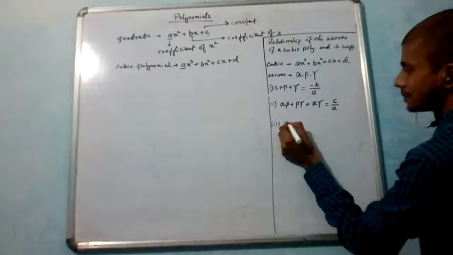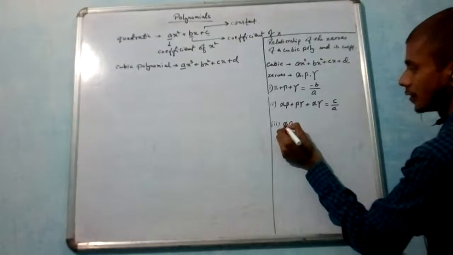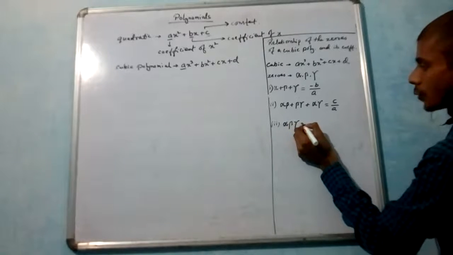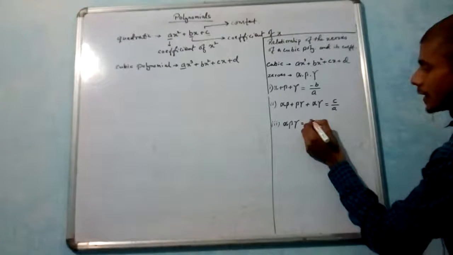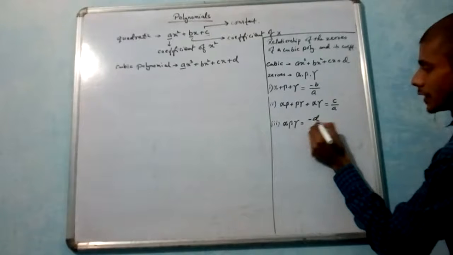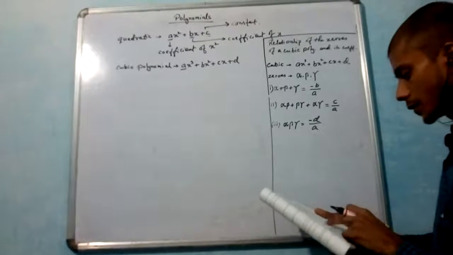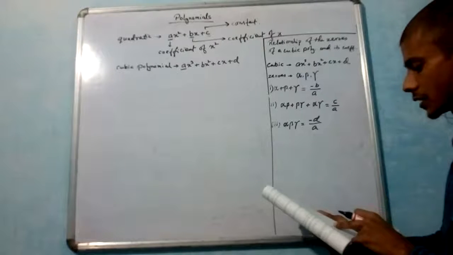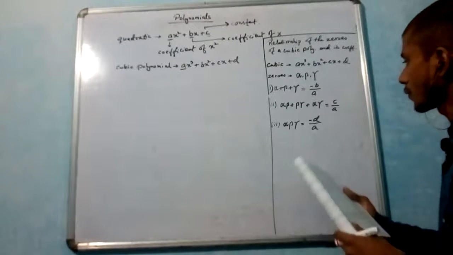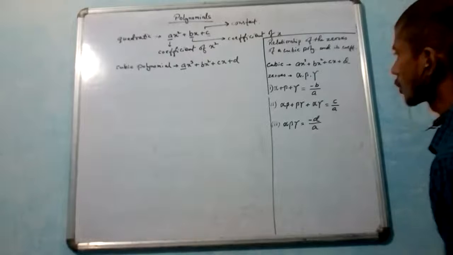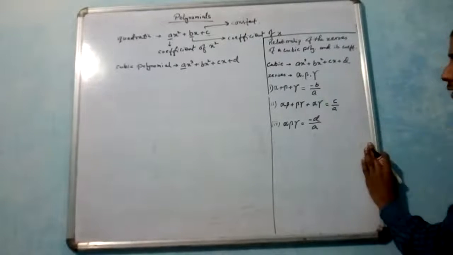Alpha into beta into gamma, the product of the three, is equal to minus d by a. So first one minus b by a, then c by a, then minus d by a. This is the relation for the cubic polynomial zeros and its coefficients.